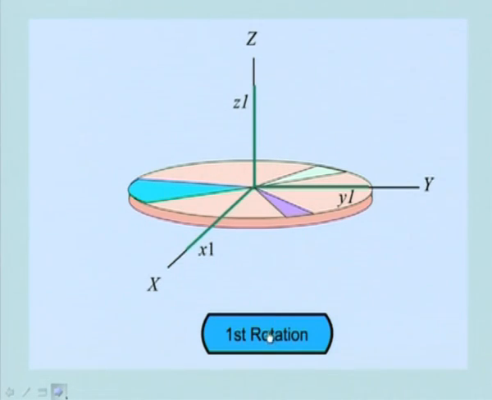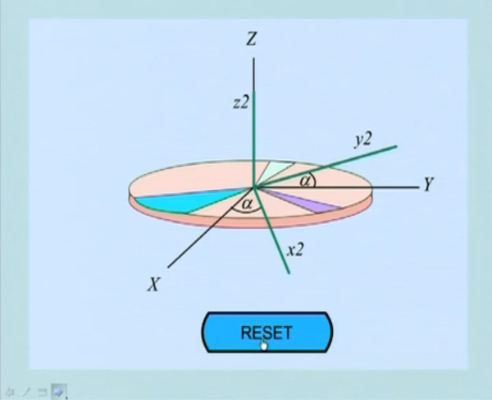You give the first rotation and you get another system x2, y2, z2.